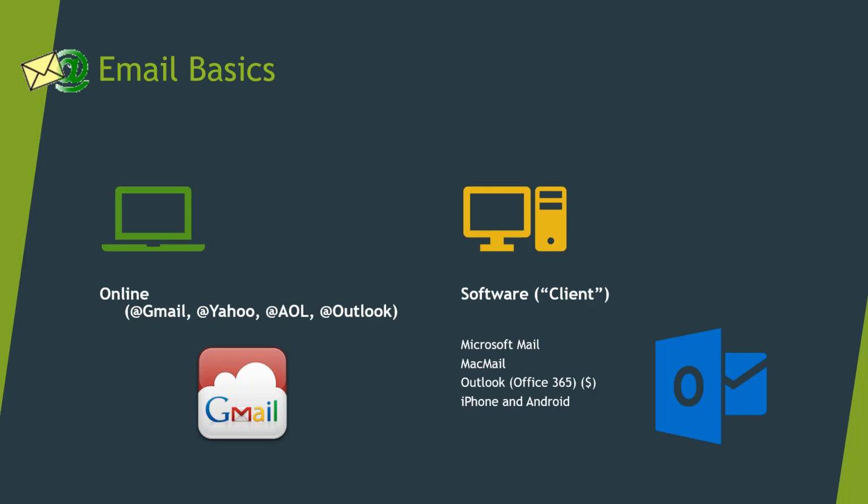The other option for accessing your email is an installed application on a phone, tablet, or computer. These might include Microsoft Mail, which comes installed on PCs, or Mac Mail for Mac. Windows Mail is the default app that comes pre-installed on Windows 10, and it's as simple as it gets. Not a lot of features, but that can be a good thing. Outlook is part of the Office suite of programs.